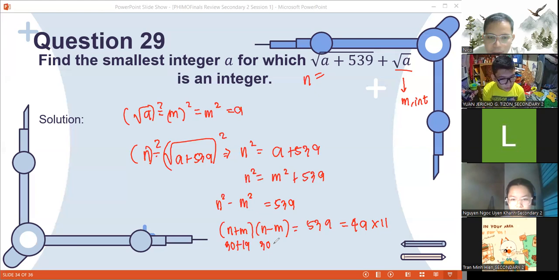So the value for m here is equal to 19 and the value for n is equal to 30. Take note, you need to solve for a. A here is equal to m squared. So this is 19 squared. So the value for a is going to be 361.